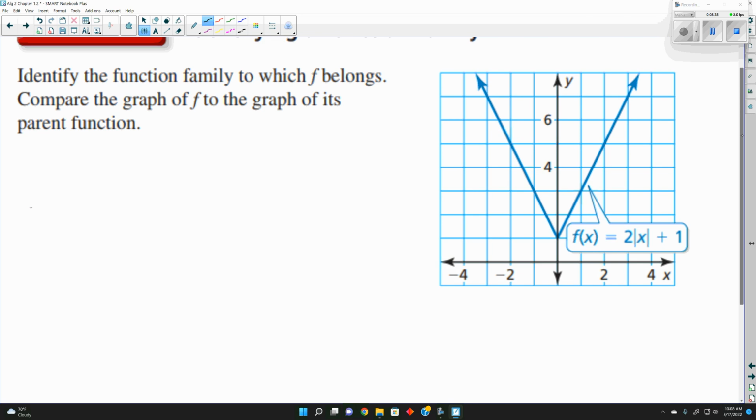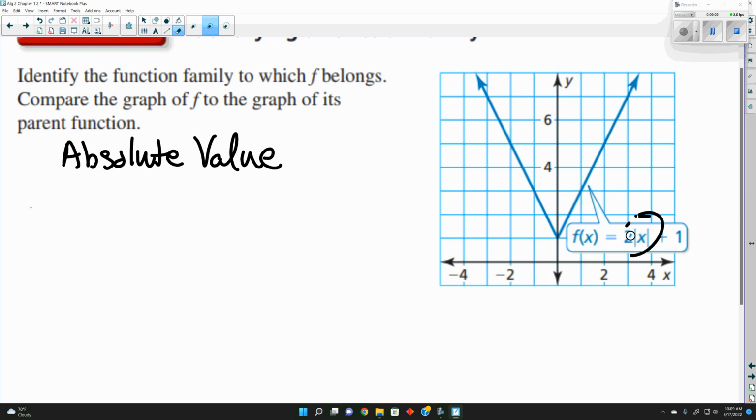Which one of the 4 do we think this is going to be? Absolute value. What gives it away? It's a V. So it's an absolute value function because it has a V. They did give us the function here, which does have the absolute value of x, but the V shape is really what gives this away.